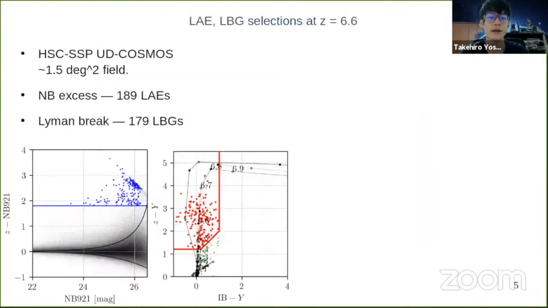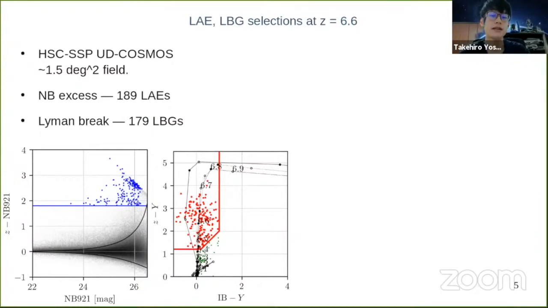Then we describe our observations and the galaxy samples we use. We use imaging data on the 1.5 square degree UD COSMOS field taken by HSC SSP.